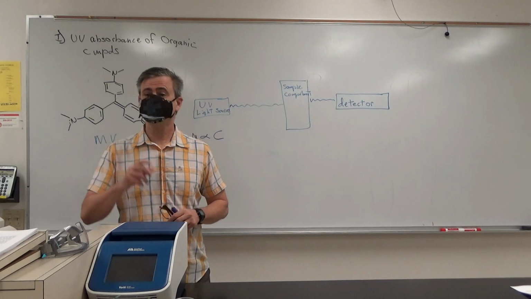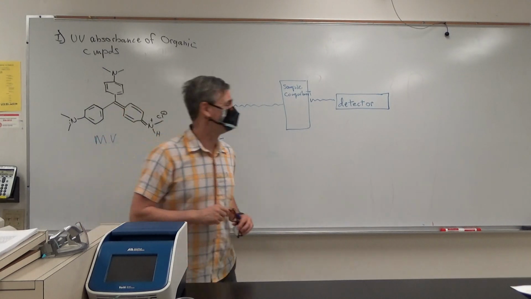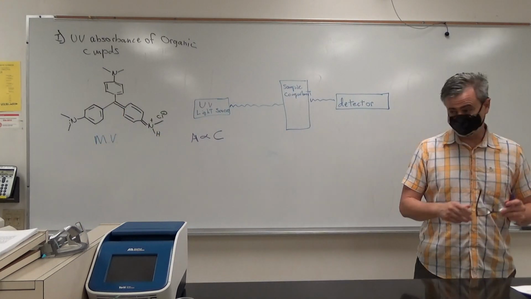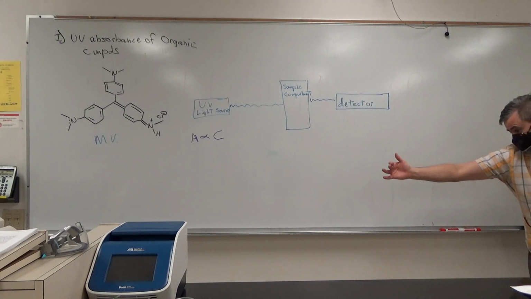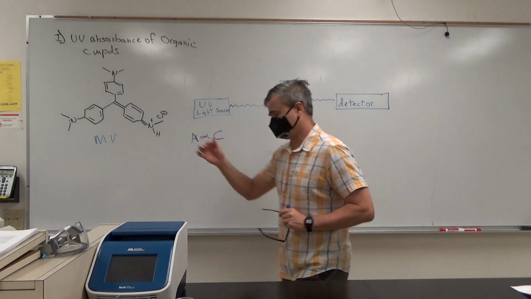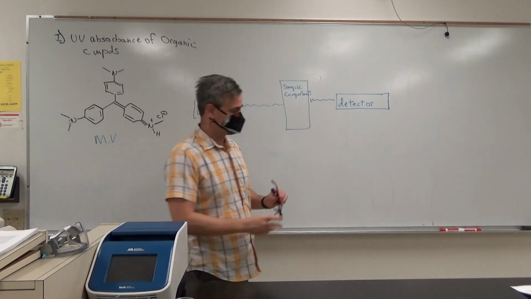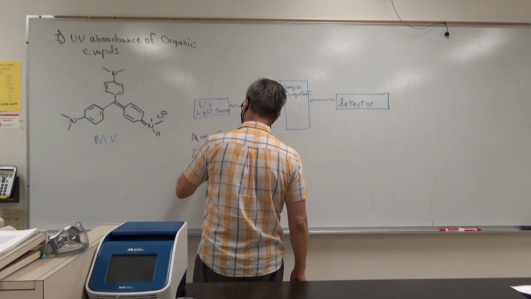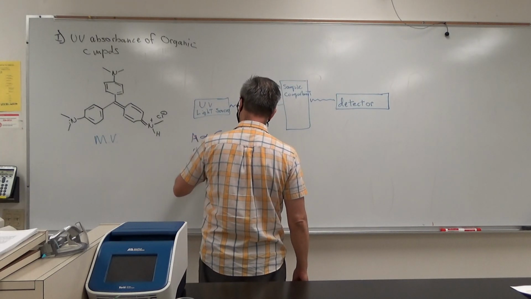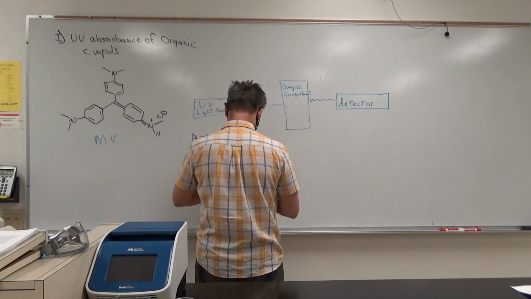The length of the cell. Bang. Second one out there. It's just a really basic thing. The longer this path is, the harder it is for me to get to the other end and get out. Okay, so the length of the cell. Absorbance is directly proportional to length of cell. Okay.